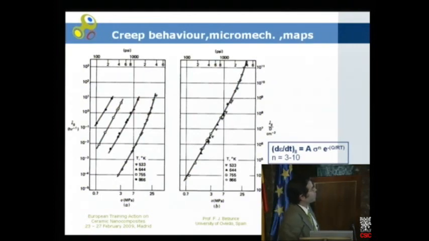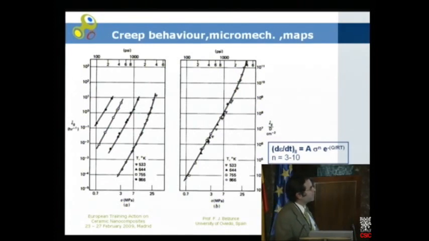What is the influence of temperature? As you can also see here, this is a curve obtained for this temperature, 533 degrees, and this other one is for 644 degrees, so it's about 100 degrees more. And you can see that increasing the temperature 100 degrees, there is an increase of 1 to nearly 3 orders of magnitude in the strain rate.